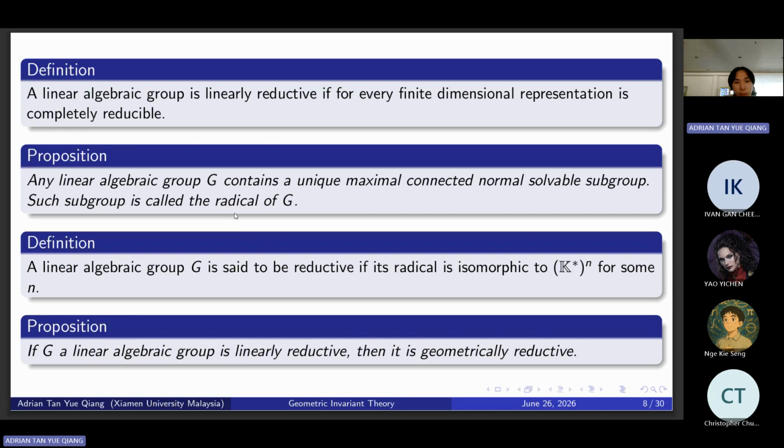I did not look at this proposition a lot, because it is completely in the field of algebraic proofs. But it makes sense to put it here just so that I can define the next definition. A linear algebraic group is said to be reductive if its radical is isomorphic to a multiple of the multiplicative group.